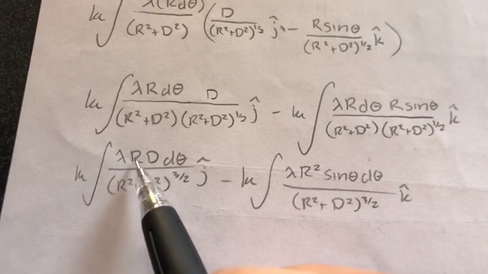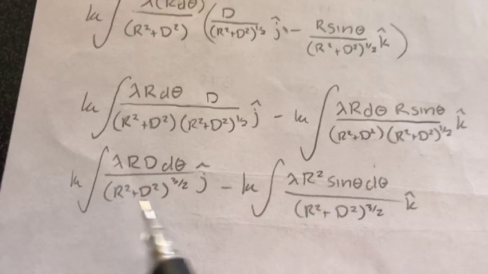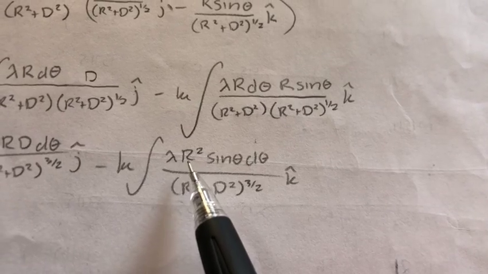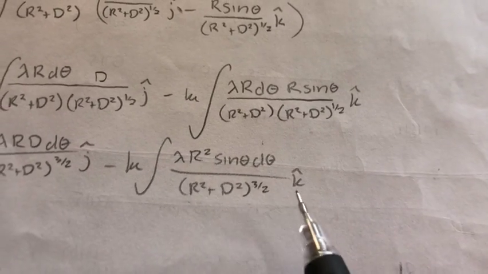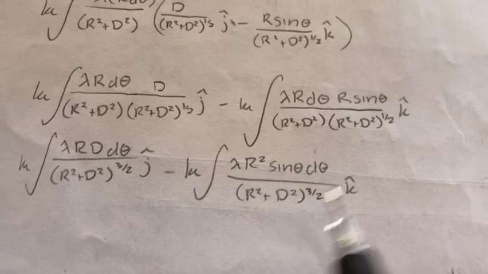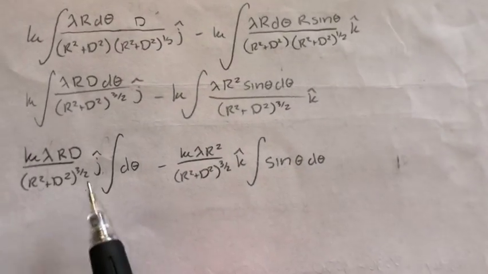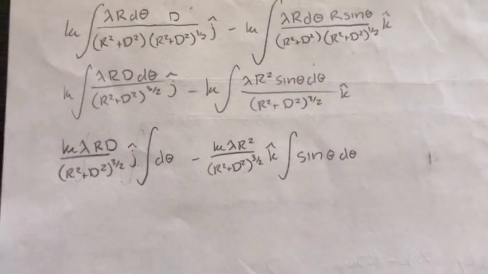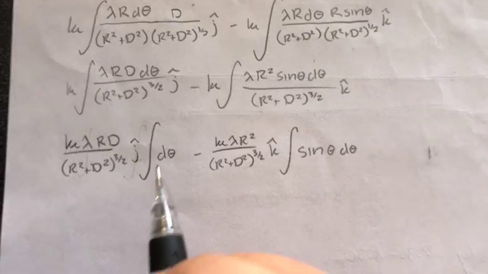So this is a constant, this is a constant, this is a constant. R and D are also both constants. This is a constant again. R squared is still a constant. This is still a constant. So almost everything can get pulled out of these, and I'll just do that real quick. I did also forget to mention, but this j hat and k hat are also constants. They're just constant vectors, so they can be pulled out as well.